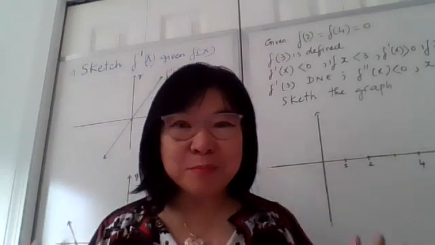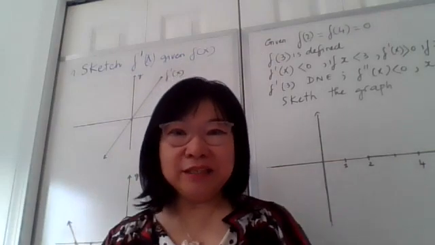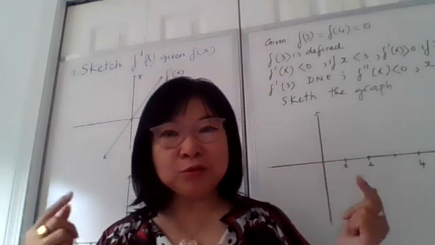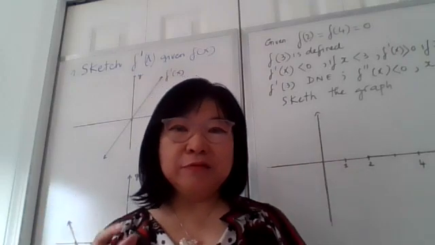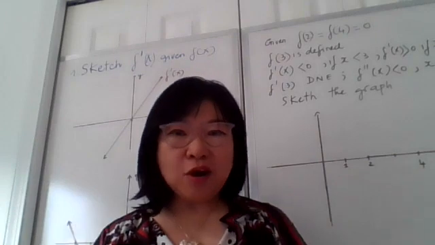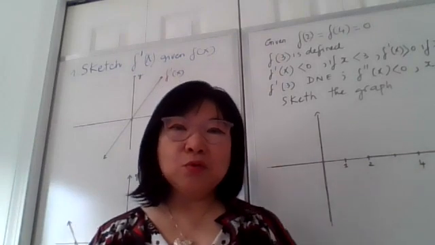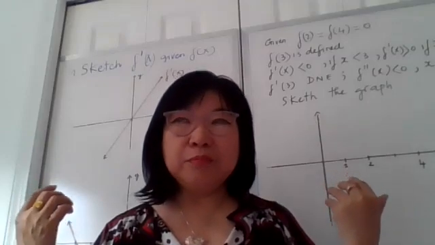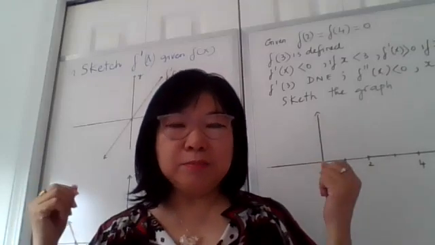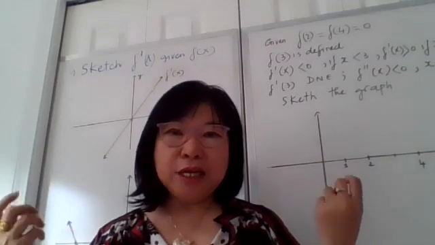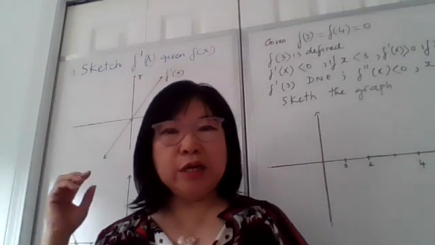So as I promised, today in our next video, I will show you how to sketch the function based on its derivative. Yesterday we were learning about sketching the derivative graphs, but today we'll go backward.